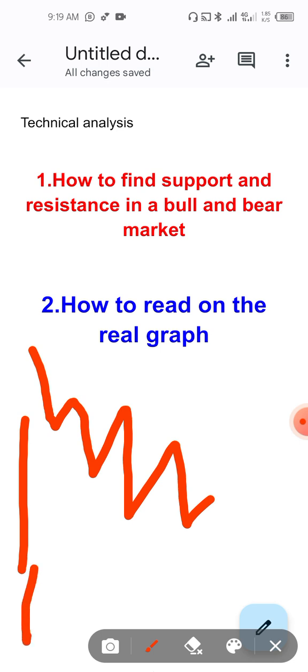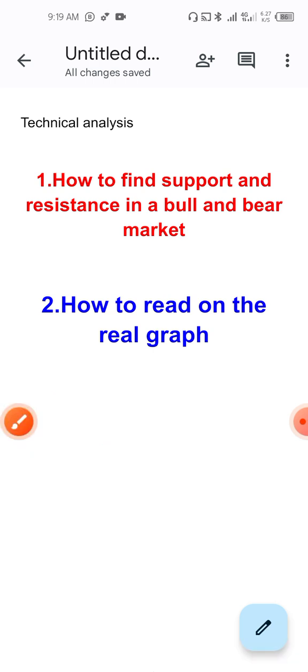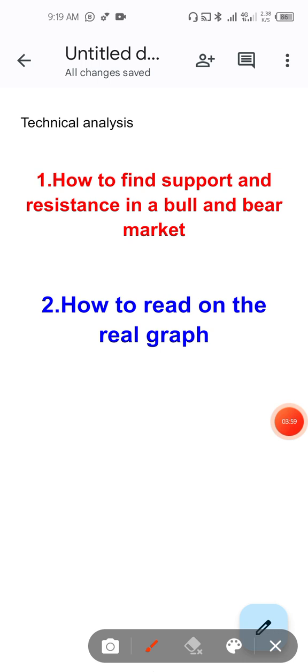If you have ever seen the graphs, they will never run straight like this, maybe 100% down to zero. No, they will never do that. So when the market is really in a bear market, this is what happens. Please first make sure you understand what I'm drawing.